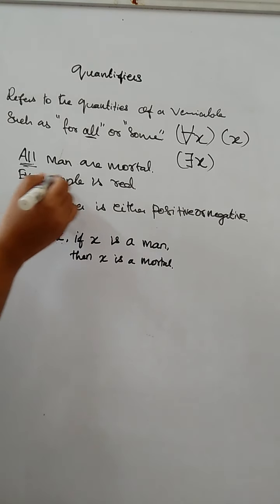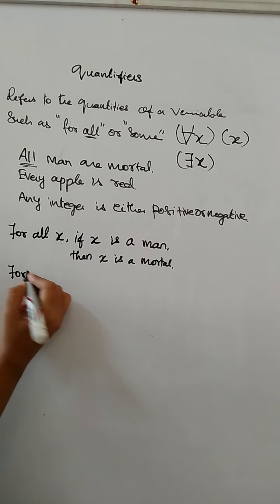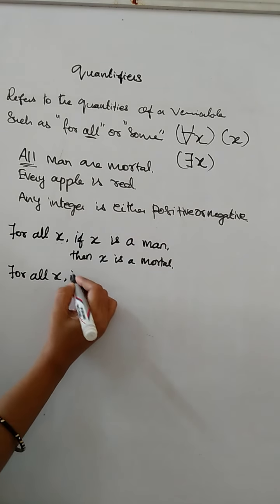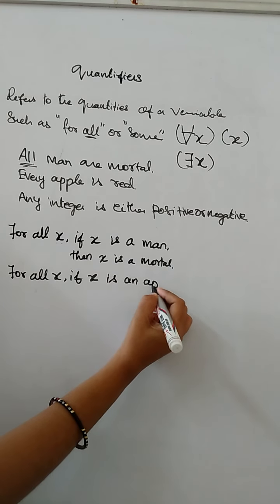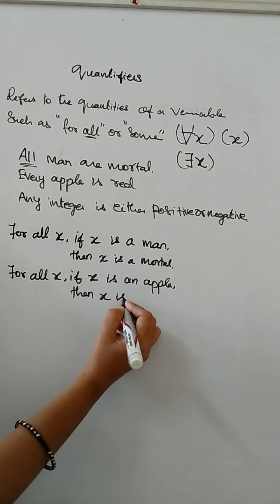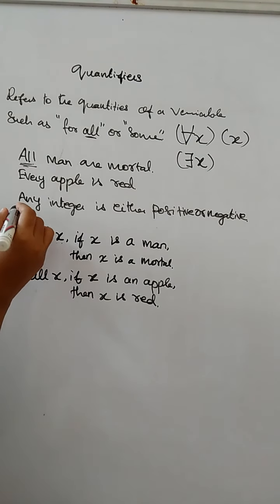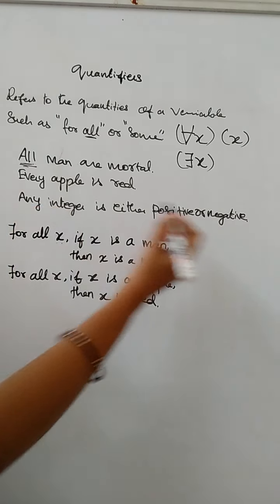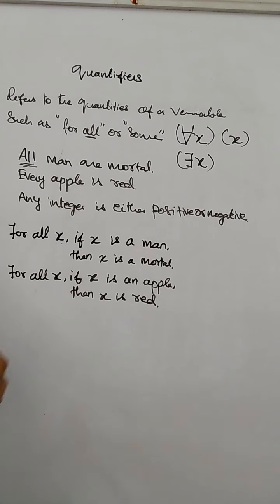And here, every apple is red. Every apple means it indirectly says all apples are red. So I can rewrite this statement as for all x, if x is an apple, then x is red. And then consider the third statement: any integer is either positive or negative.